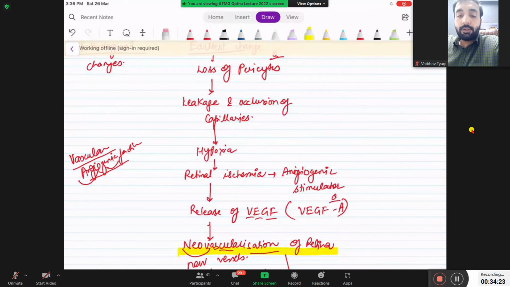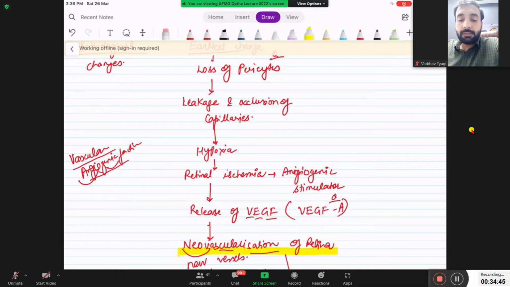Hypoxia will lead to ischemia, and ischemia will send a message to the brain, and the brain will release some growth factors. The name of those growth factors is vascular endothelial growth factor. These growth factors will produce new vessels, and this process is called neovascularization.